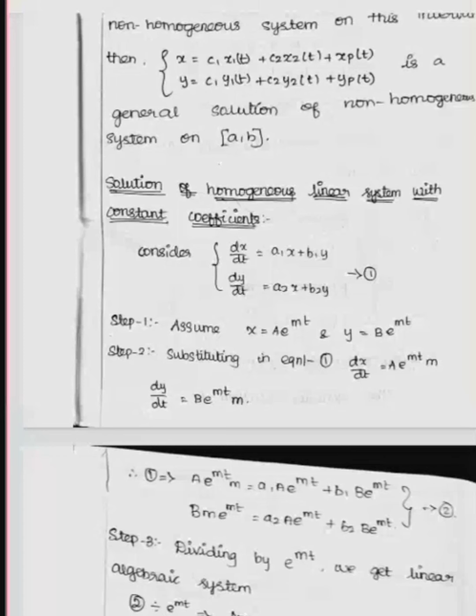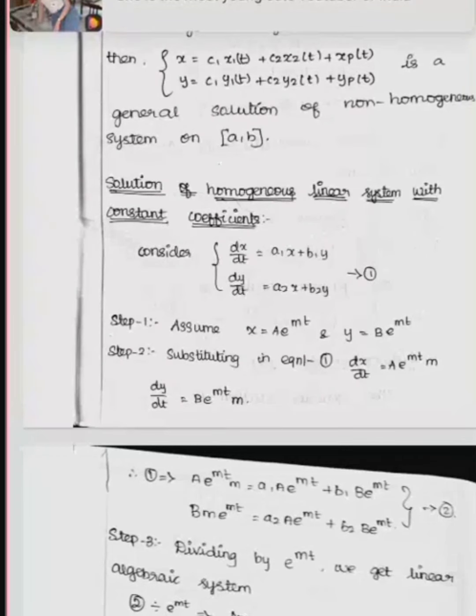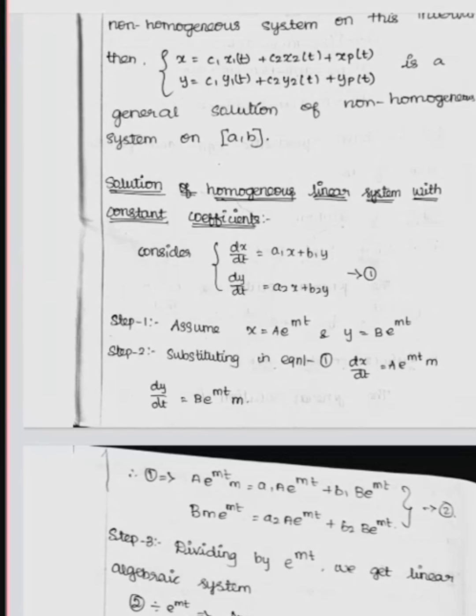You substitute for dx by dt and dy by dt, converting them into the form of a constant into e power mt. For that only, you differentiate and substitute in the above equation.